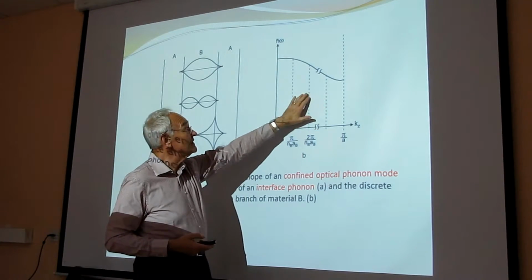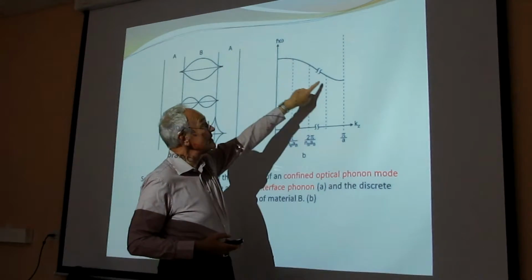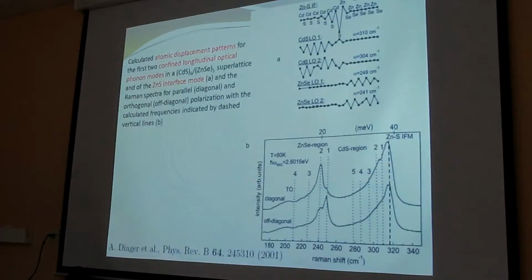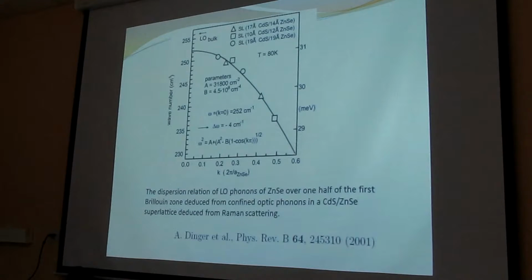And if you measure these modes, you can reconstruct this phonon dispersion relation. Yes, and this is what we do here. This is, for example, zinc selenide, the phonon modes over approximately 1/2 of the first Brillouin zone, just deduced from these quantized phonon modes.